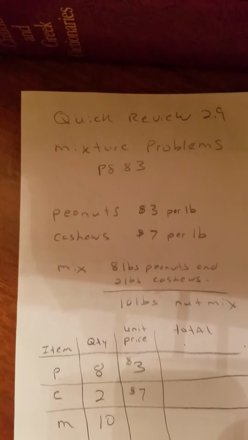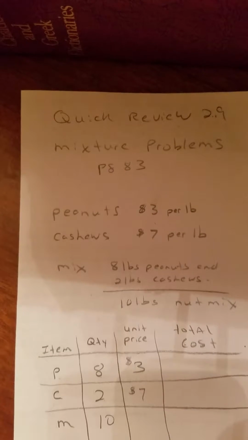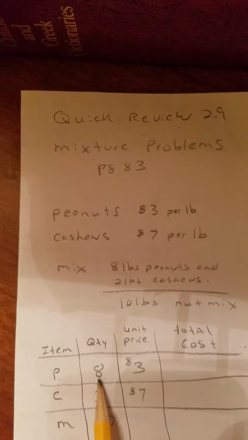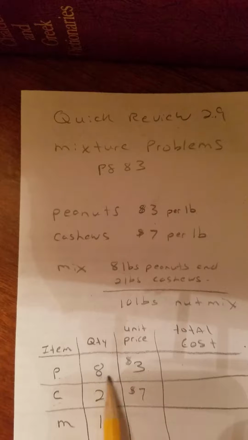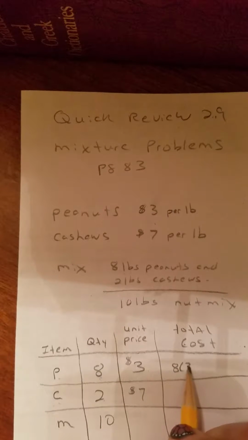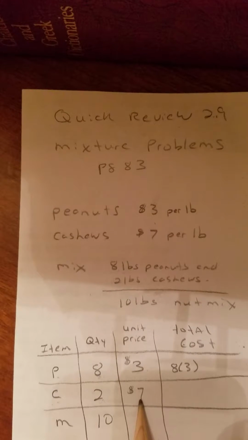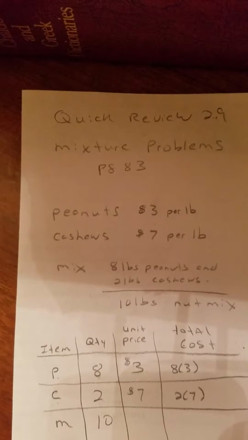When I said that you're making it a whole, this is going to be the total cost. If we have 8 pounds at $3 per pound, that would be 8 times 3, and if we had 2 pounds at $7 per pound, that would be 2 times 7. That gives us the total.